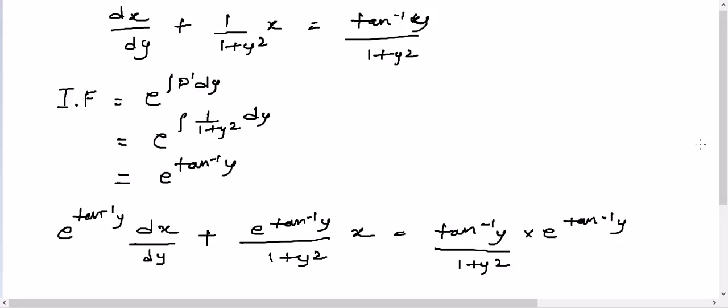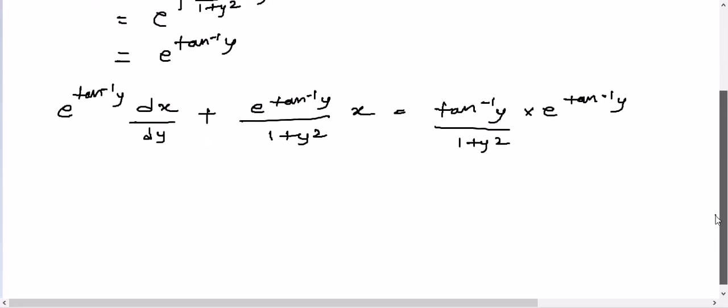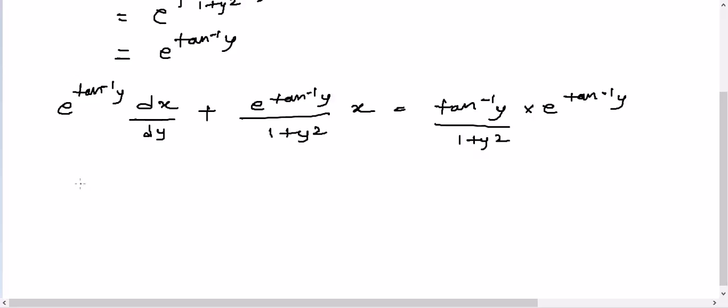Here also I wrote x out of habit. So till here we have the usual thing. Now we can write the left side as e to the power tan inverse y into x.